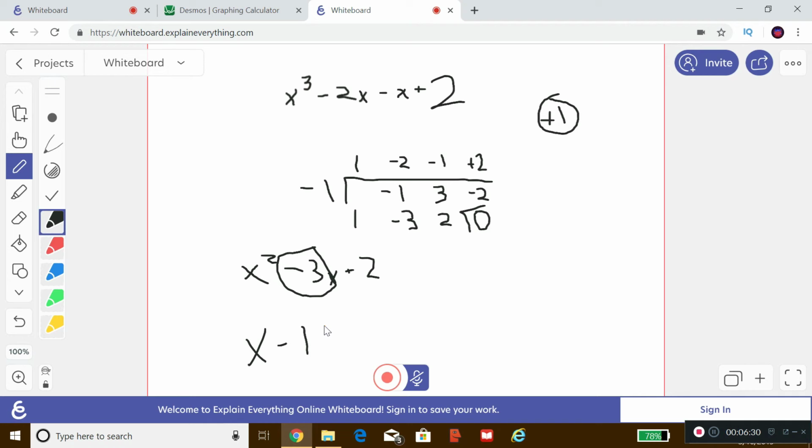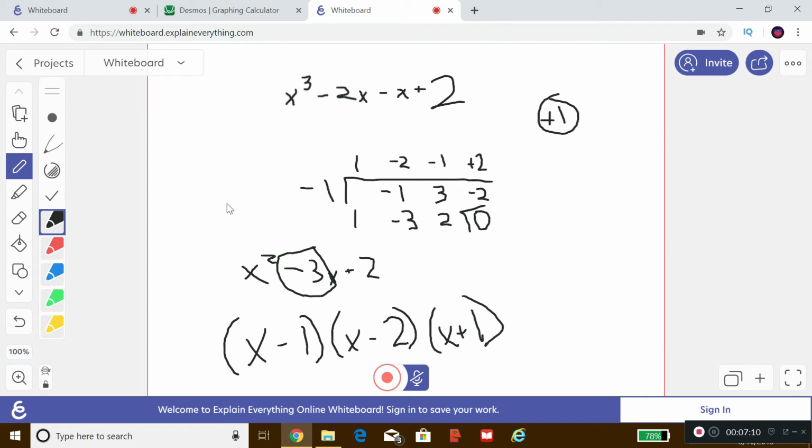And then we see times x minus 2. Okay, so in this case, we would see that our factorization of this is x minus 1 times x minus 2 times x plus 1.